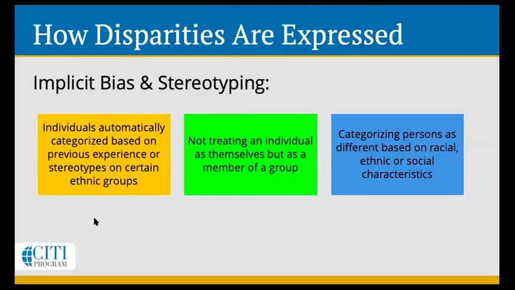In stereotyping, we do not treat the person as an individual, but they're filtered through a lens of seeing them as a member of a group. Again, individuals are categorized based on racial, ethnic, or social characteristics or expectations that those characteristics occur.